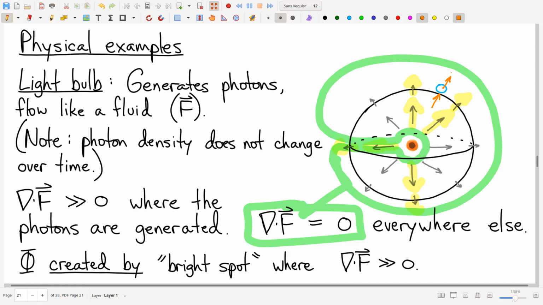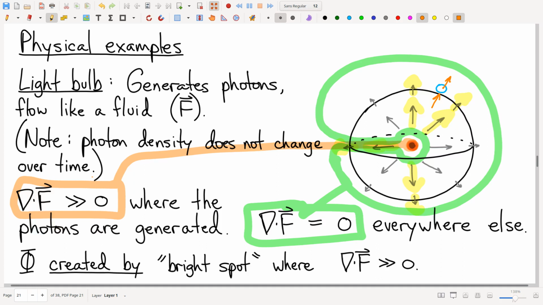Okay, but if you were to compute the divergence at where the bulb is, we've already established that that's where the photons are coming from. If you were to compute the divergence, it'd be massive, really, really big.